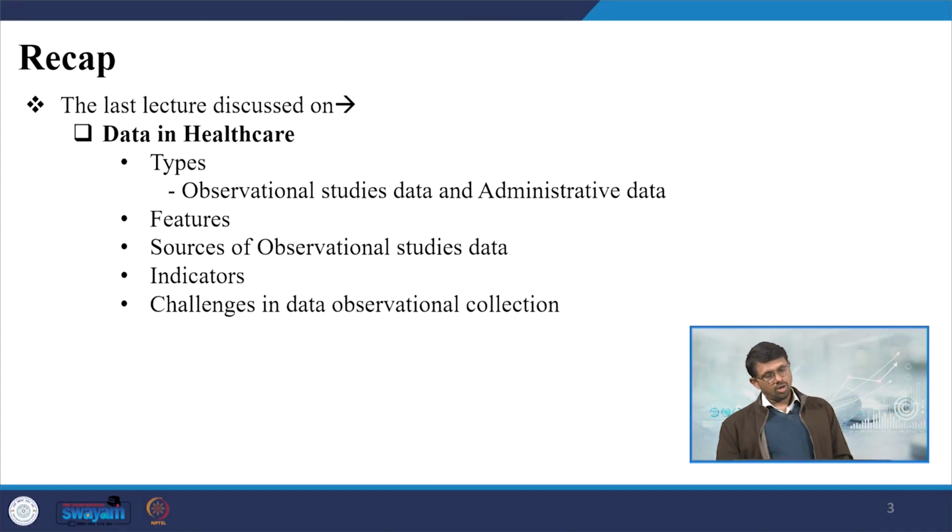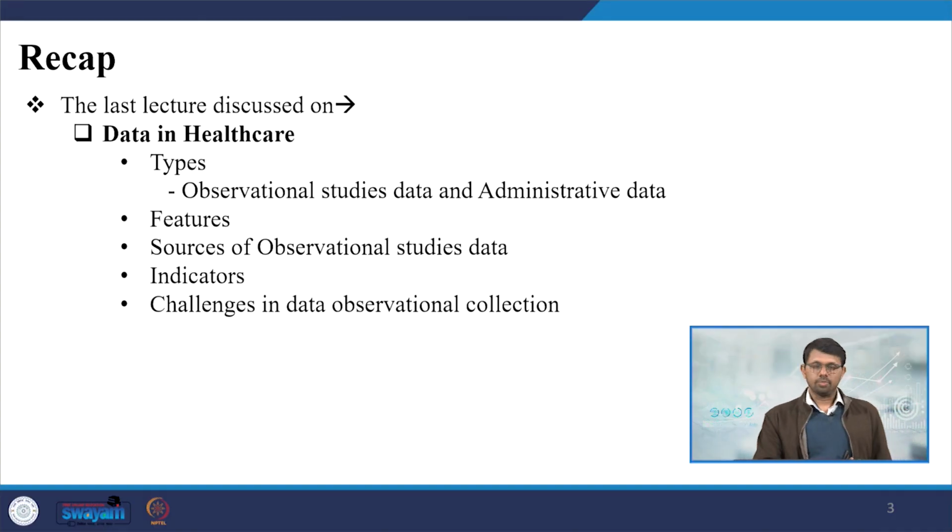This is our second lecture of the 11th week on explaining the data in healthcare. Hence, we are focusing on sources and indicators. This is in continuation of the previous lecture on observational data from micro settings.